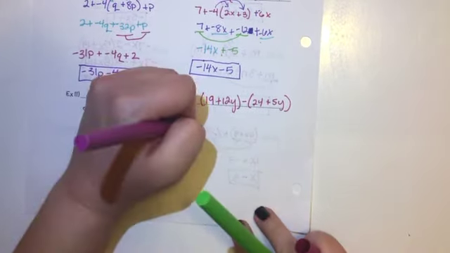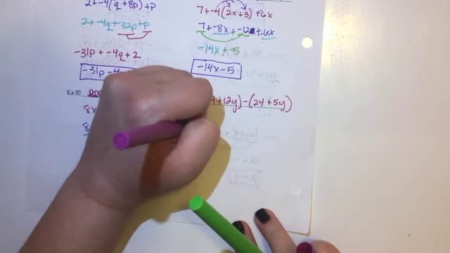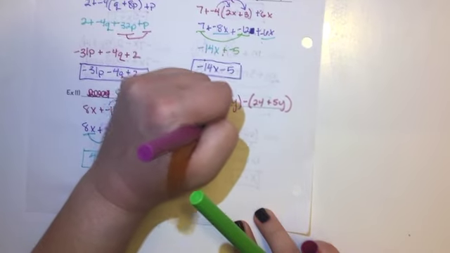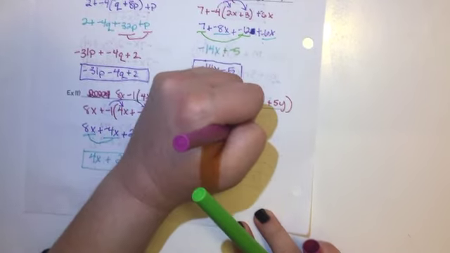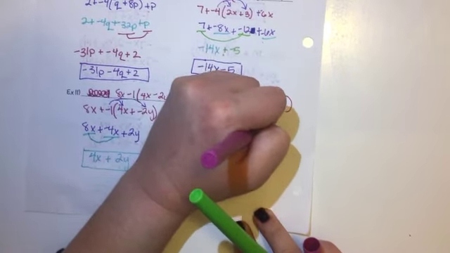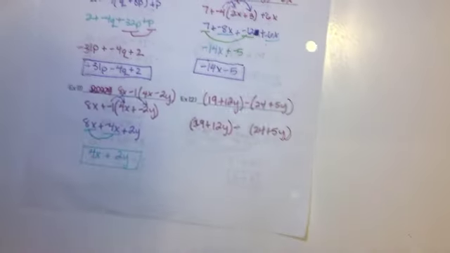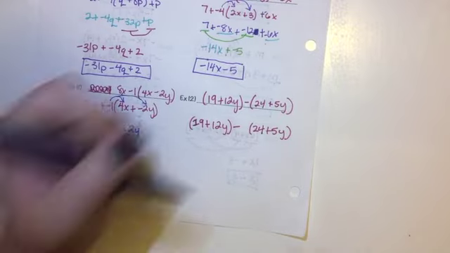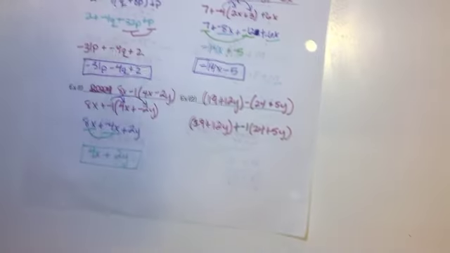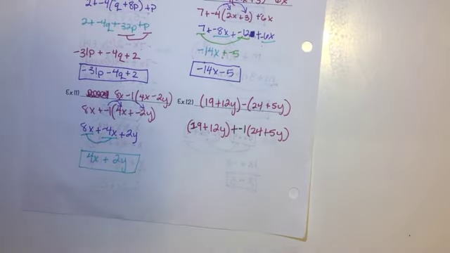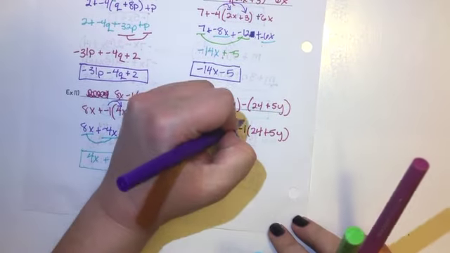So I'm going to rewrite this positive 19 plus 12y minus 24 plus 5y. But instead of subtracting, I'm going to change that to adding a negative 1 there. And then what I'm just going to do is distribute that negative 1.